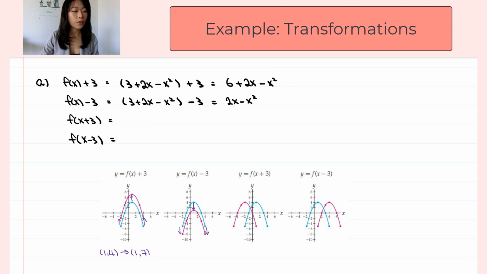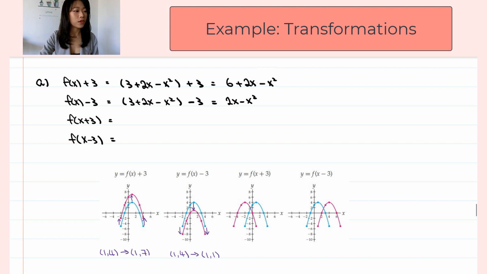Let's take the highest point as an example again. The original point was (1, 4). If you substitute x equals 1 into the function, you'll get 2 minus 1, which is 1. So the new point will be (1, 1).